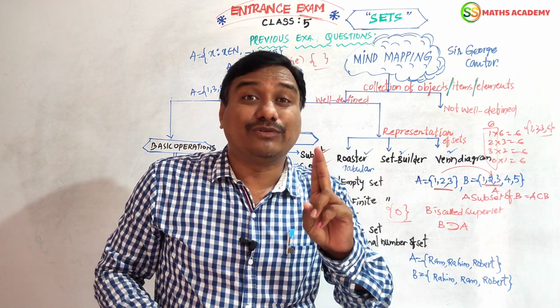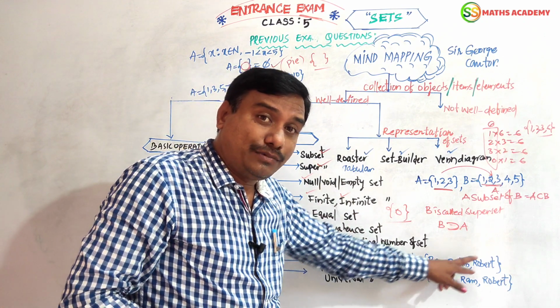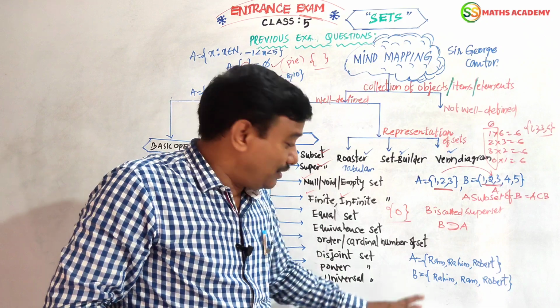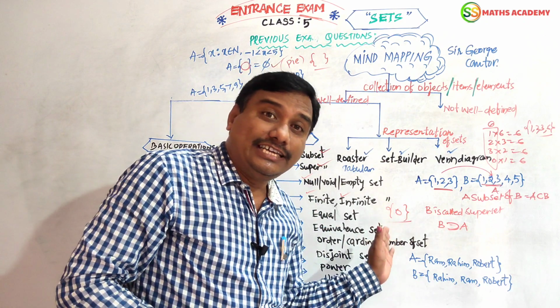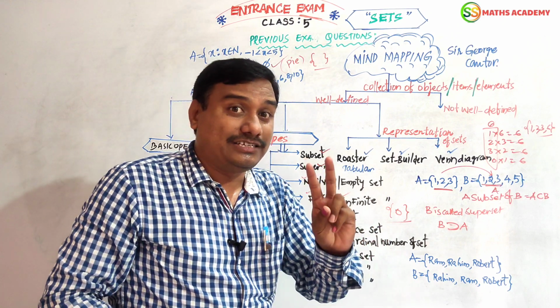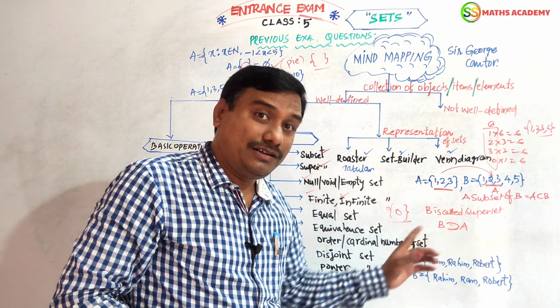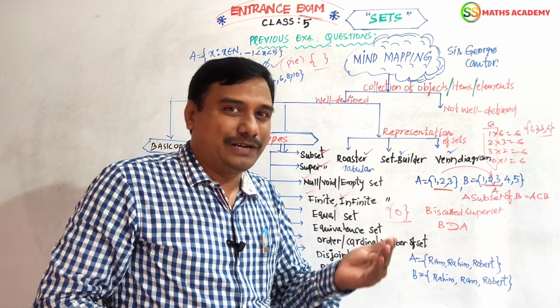These two are called equal sets. For example, set A consists of Ram, Rahim, Robert. 3 persons are there. Set B consists of Rahim, Ram, Robert. In A, 3 persons are there. In B, 3 persons are there. The elements are the same and the number of elements is also the same.